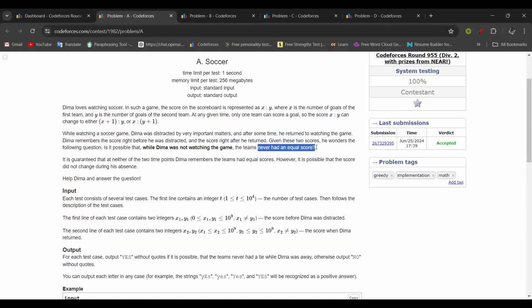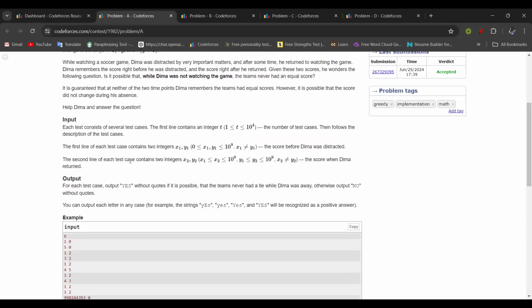The thing to notice is that it's asked, is it possible? So if it is possible that the scores of the two teams were never equal between the two given times, then you have to print yes.